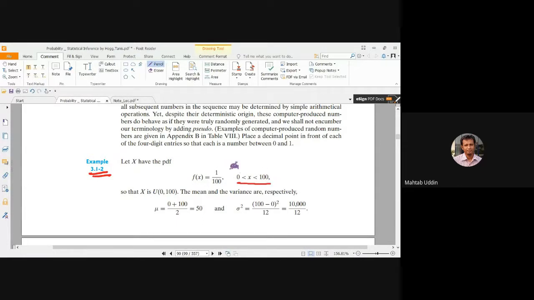You can write this as 1 by 100 minus 0, right? So a is 0 and b is 100.